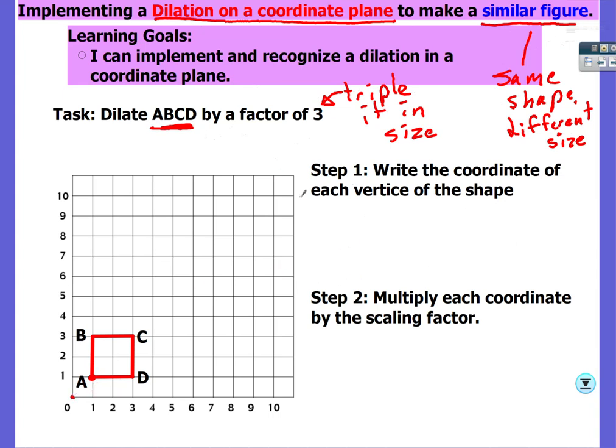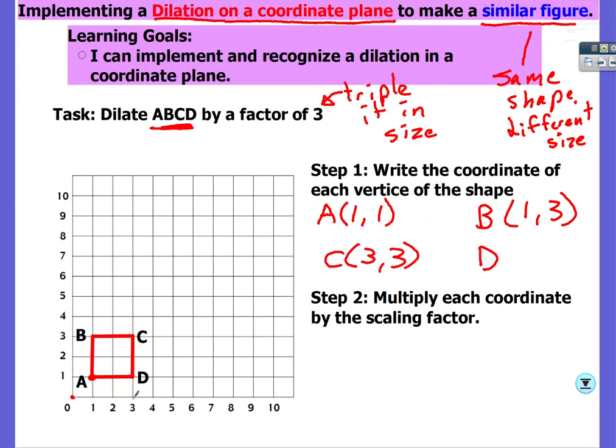Step by step, we'll start by writing down our vertices. I've got the A vertex at (1, 1). B is at (1, 3). C is 3 over, 3 up, so (3, 3), and D looks like 3 over, 1 up, so (3, 1).